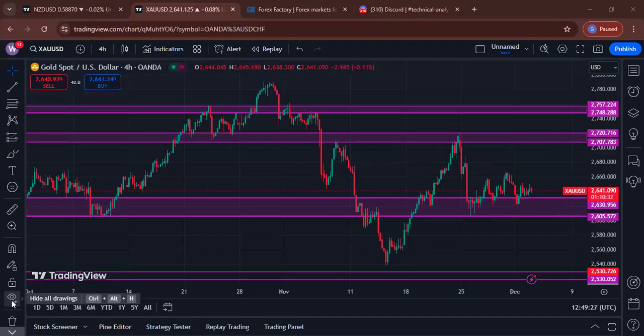I'm sure this is the first U.S. election that has happened when you guys are now traders actively engaged in the markets. So you saw the kind of volatility there was during that time, especially on the dollar pairs.